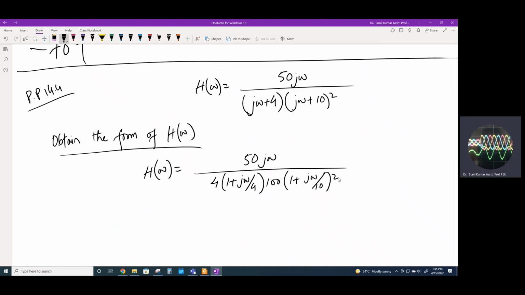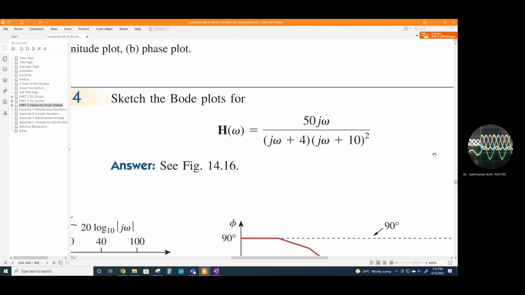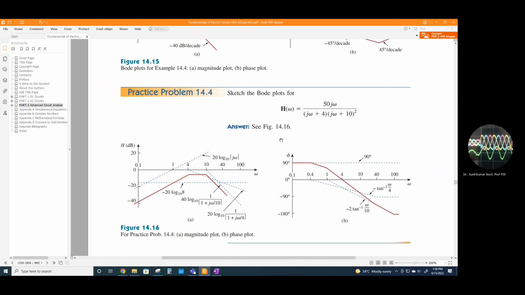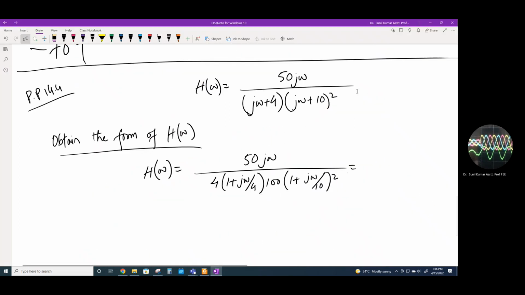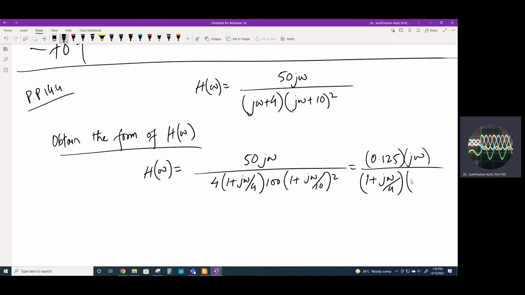like this. So the value of k will be 0.125 j omega, and we have a pole at omega equals 4 and repeated poles at omega equals 10 because it's squared.